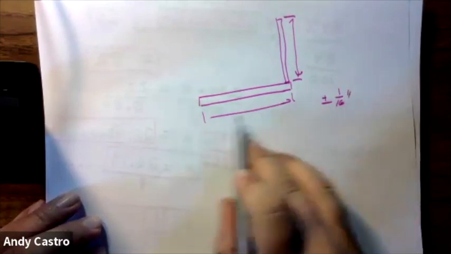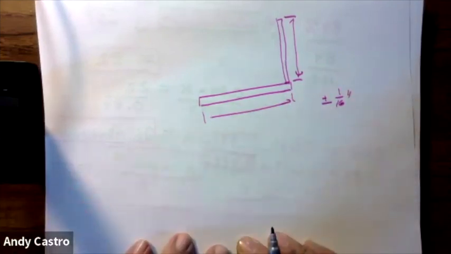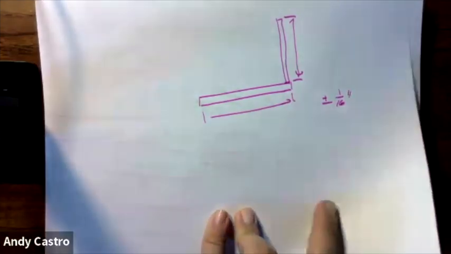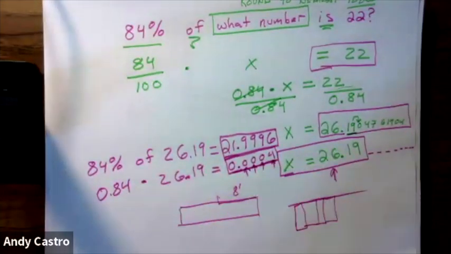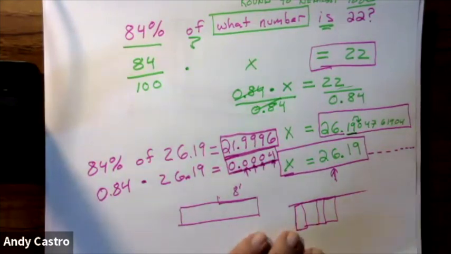That means that once it's all fabricated and put together, it'll be, let's say, 8 feet, but it might be 8 feet and 1/16. Or it might be 7 feet and 15/16, right? Plus or minus a 16th.